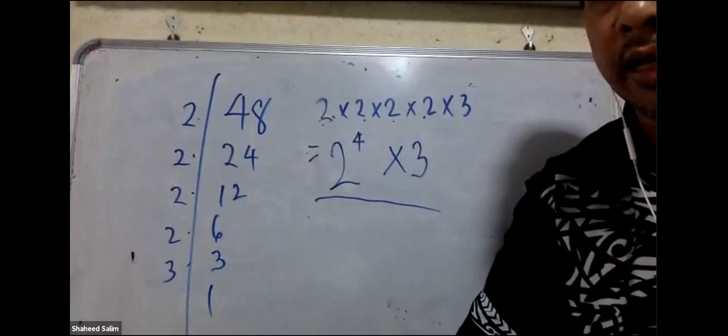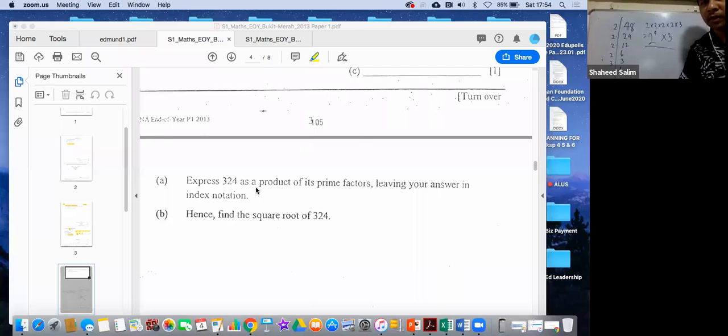Okay, so we look at the question here. It is asking you now to do the same thing for 324. So you draw the line, you try to do like Edmund.